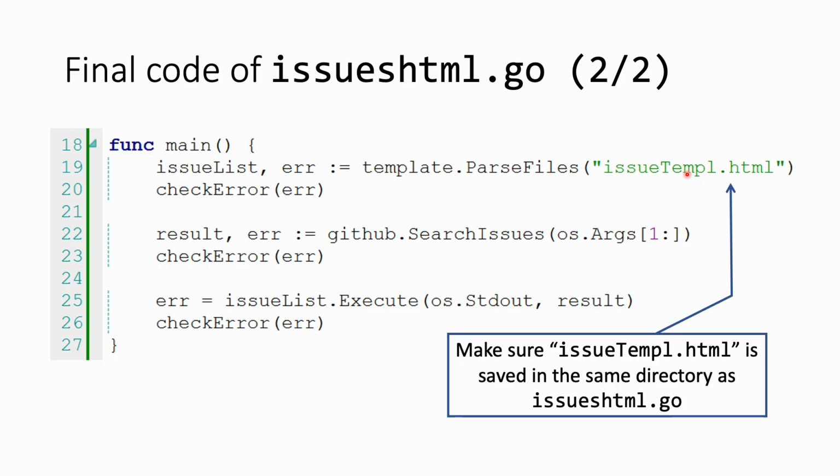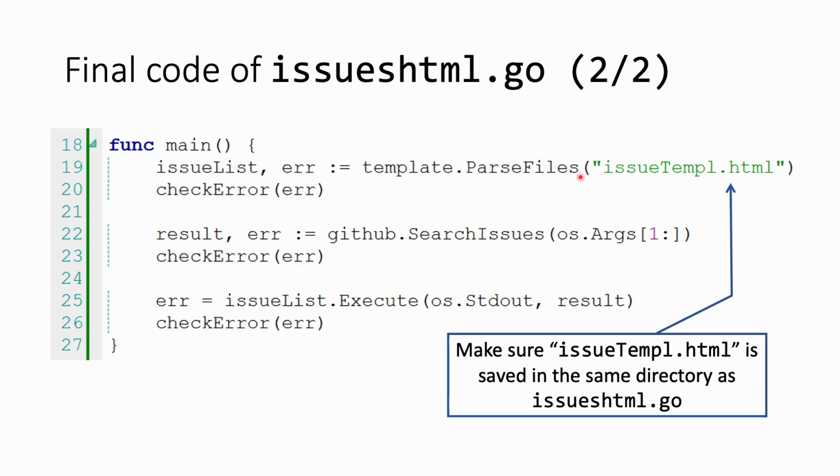So make sure that the issuestemp.html file is saved in the same directory as the issuesHTML.go program. Otherwise, you would have to include the full path of this HTML file as the argument of the ParseFiles function.